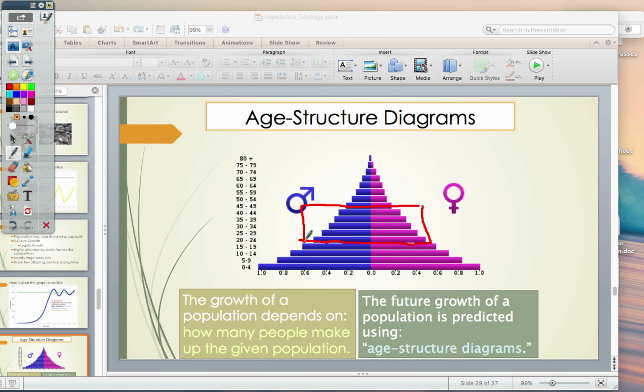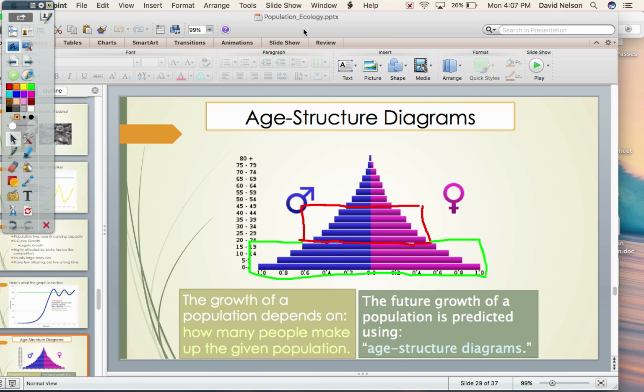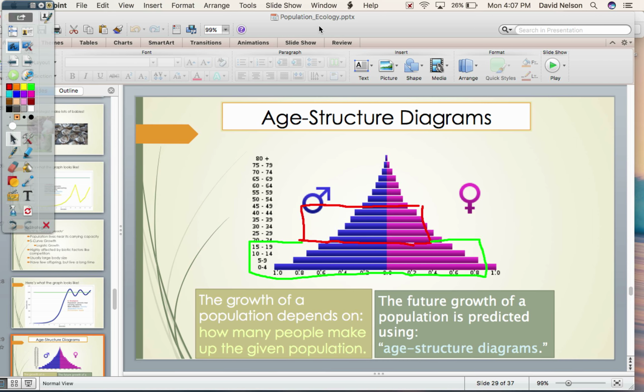So below this range, we have the up and coming reproductively able members of our population. If we have a larger number of up and coming reproductively able members than we have of currently reproductive members, that means we're going to have a very rapid growth in our population size in the time to come.